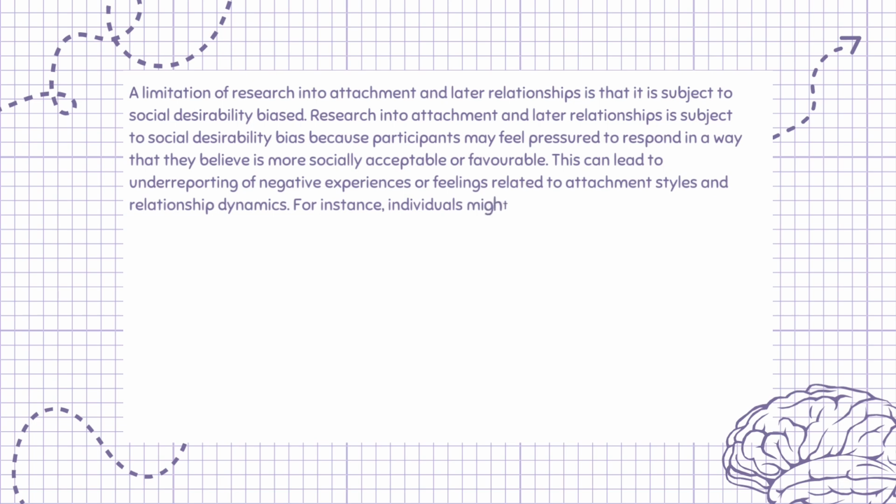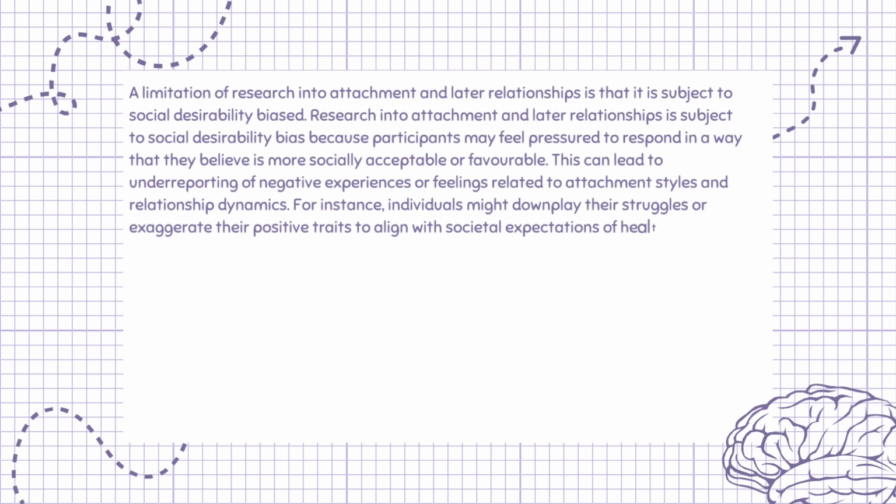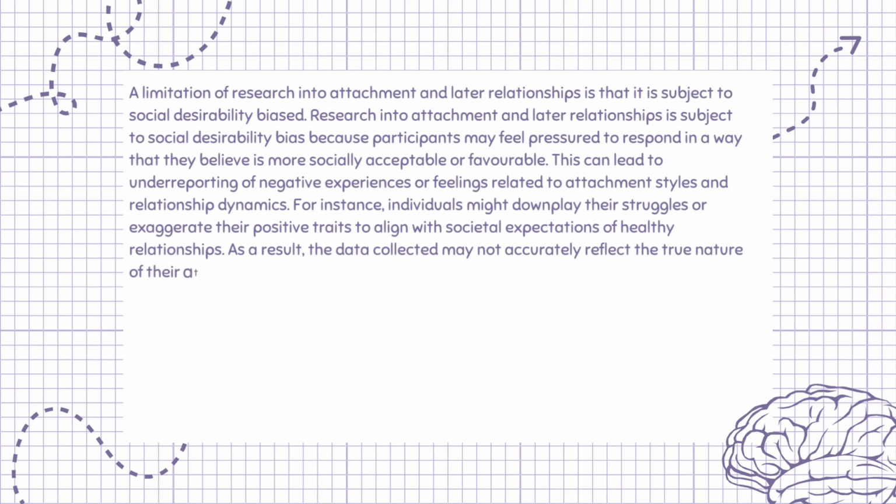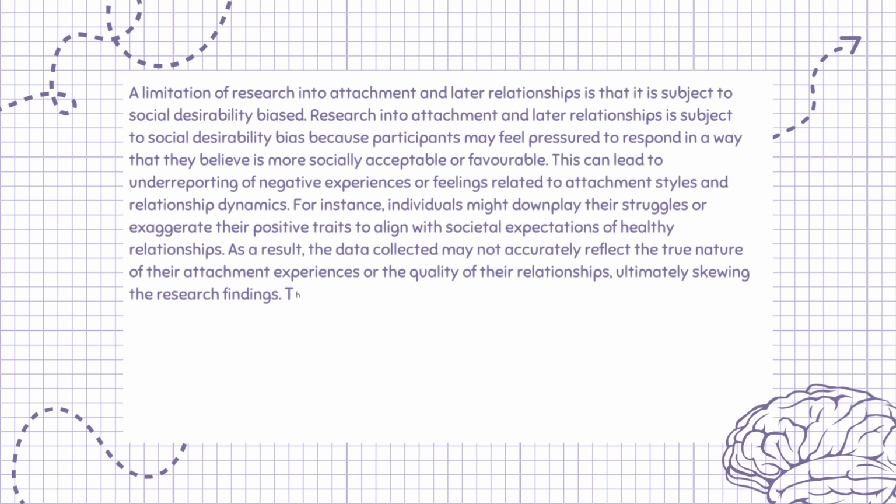For instance, individuals might downplay their struggles or exaggerate their positive traits to align with societal expectations of healthy relationships. As a result, the data collected may not accurately reflect the true nature of their attachment experiences or the quality of their relationships, ultimately skewing the research findings.